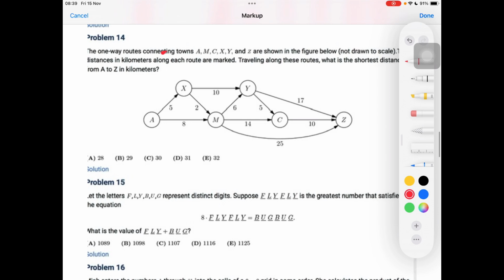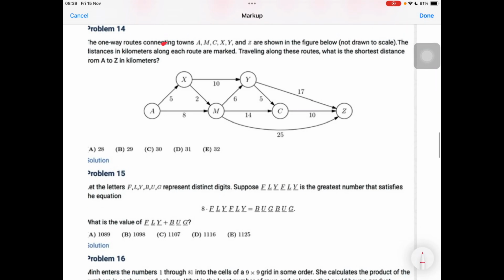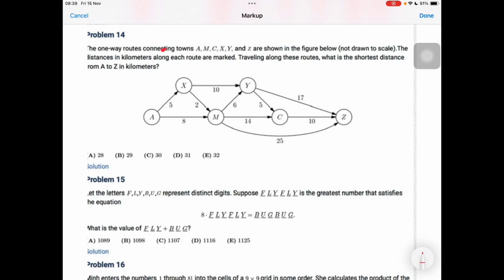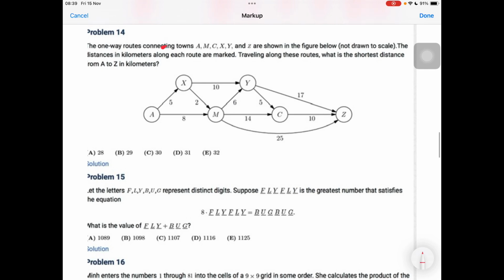Problem 14. These are one-way routes connecting towns like this, and we want the shortest distance from A to Z. Okay, so let's see. From C, like for here to arrive at Z, what is the shortest?